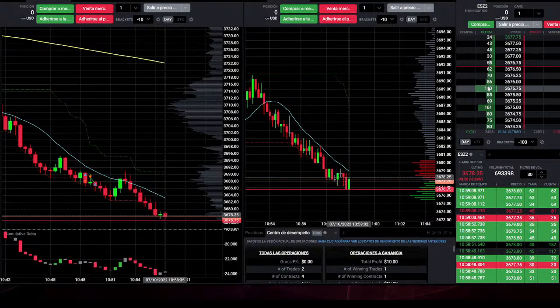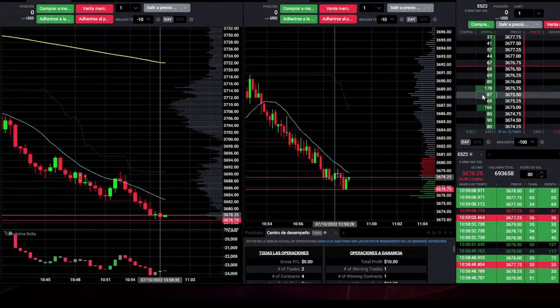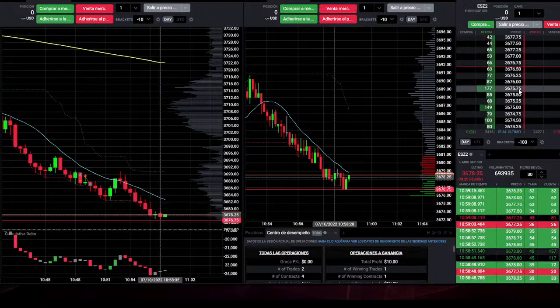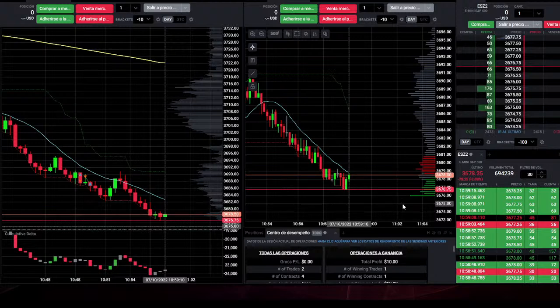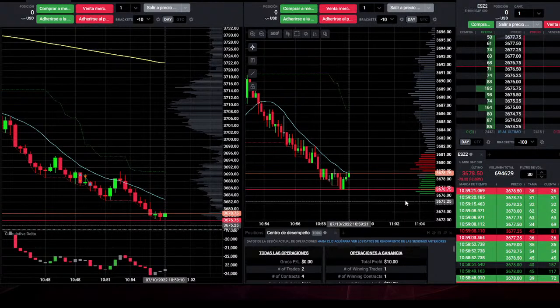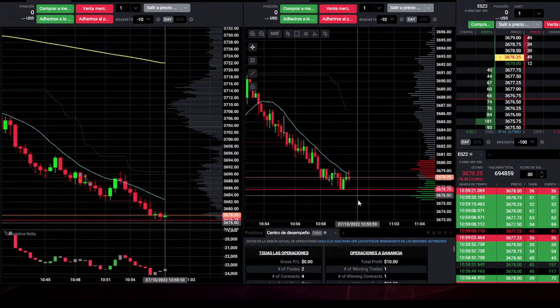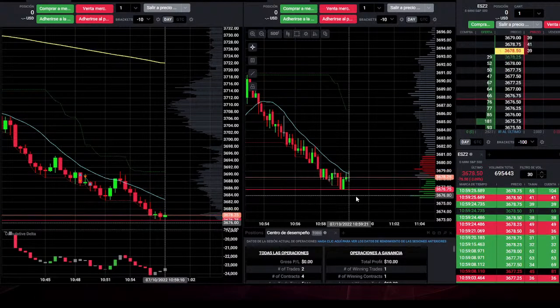Right now, I believe these two blocks will act as a magnet. So let's see, like the 75, 75, and 75 on the dots. This will probably act as a magnet.